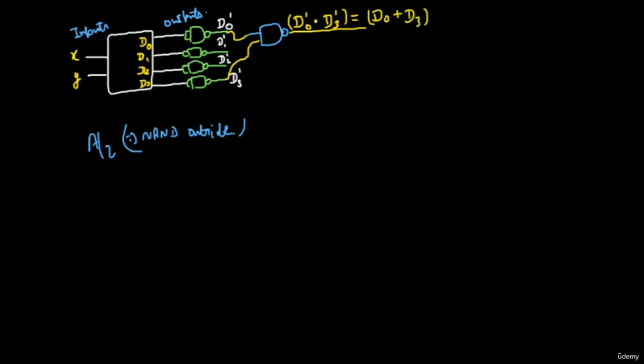So it means we have just implemented 0 comma 3. This is the first thing that we have completed. Now we need another NAND gate to fulfill the condition of the second formula. So let's make the NAND gate first.